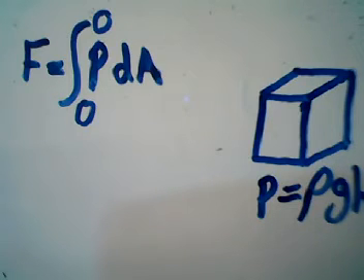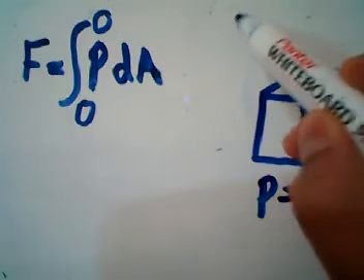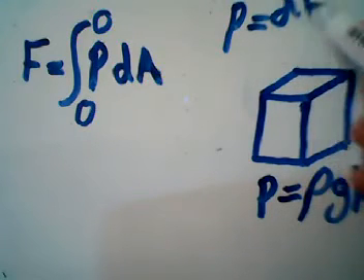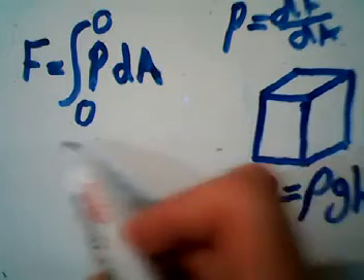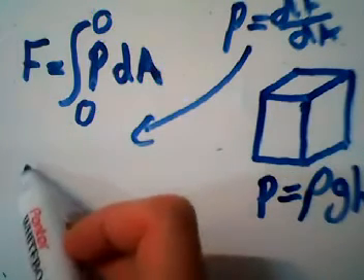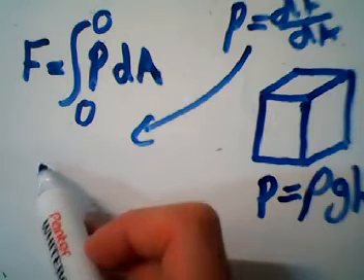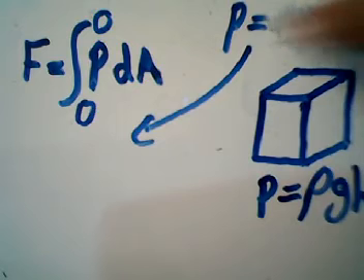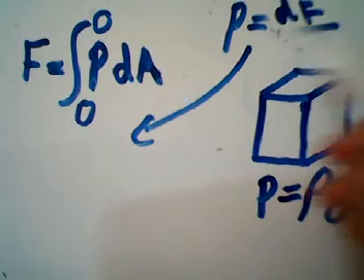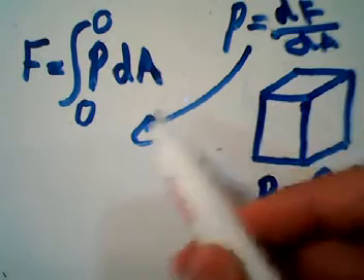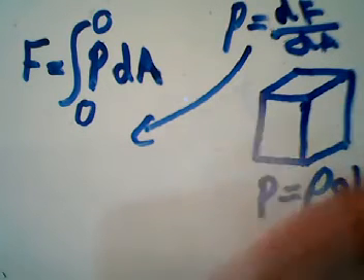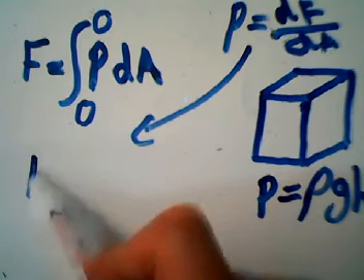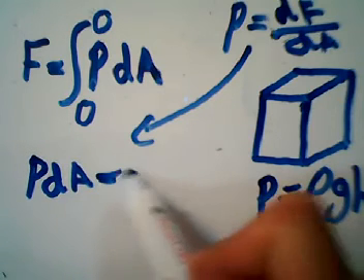Okay, here in the physics textbooks you see that they say, okay, pressure is dF over dA, so I write the rest here, dF over dA, so multiply both sides by dA, that gives us P dA equals dF.